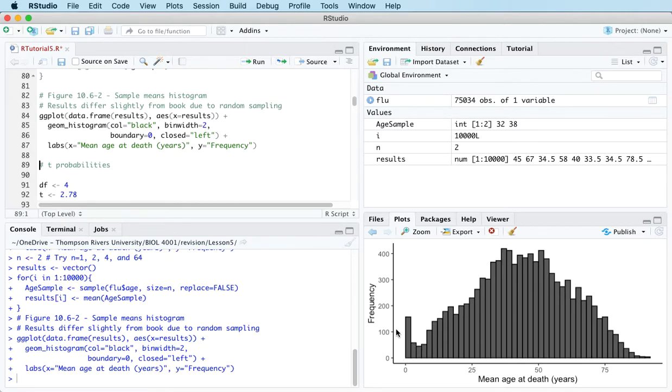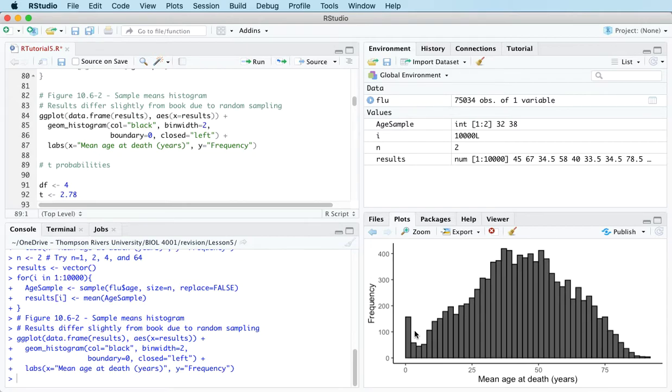Okay, it's beginning, even though our sample size has only gone to 2, it's already beginning to resemble a symmetric bell-shaped curve, kind of starting to look normal. This isn't completely normal looking because it doesn't have that classic bell shape, but it's reasonably symmetric. There's still a bit of a peak on the left with the infants, because those were overrepresented in the population.